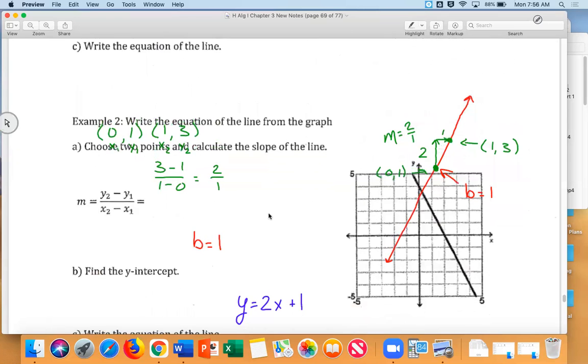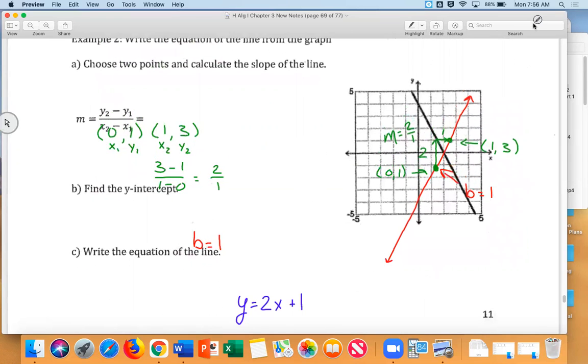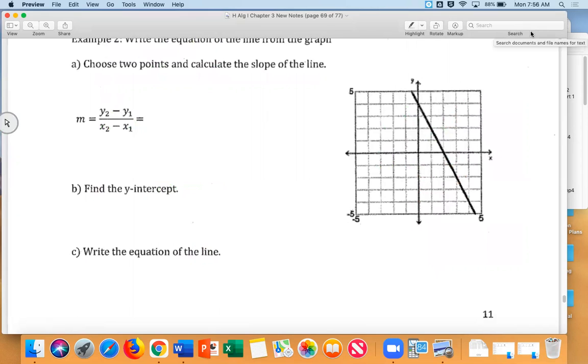So let's look at this one. Nate, what is my y-intercept? 4. It's right there. It's 4. Okay?